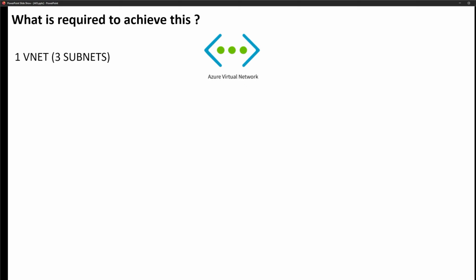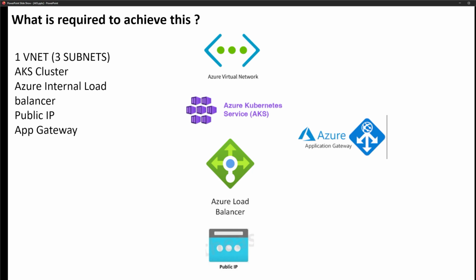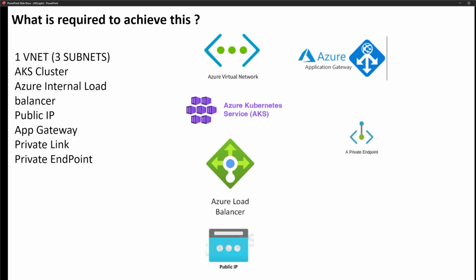If you are using the 3 subnets in different VNets, then you have to use VNet peering. And then you need to have your AKS cluster, load balancer, public IP, app gateway, private link and private endpoint, and DNS zone. I'm going to create them in the same order during the demo, which I will be showing in a couple of minutes.